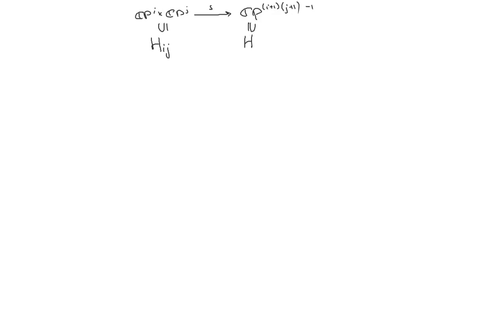It is a complex projective variety, and so when I say variety, it is already smooth.